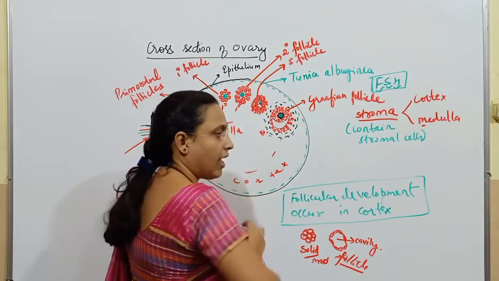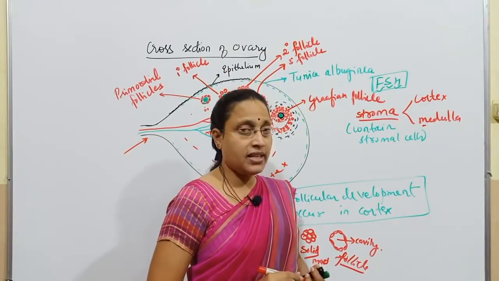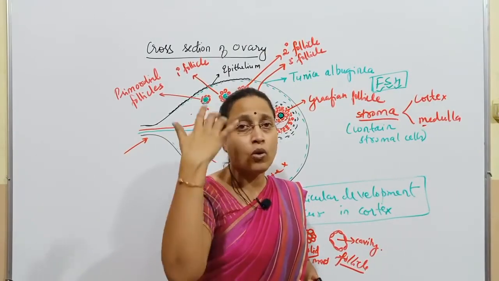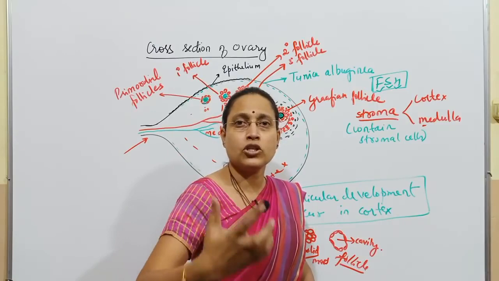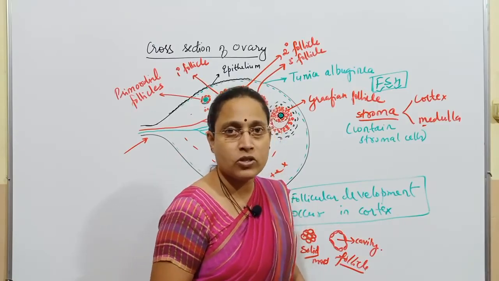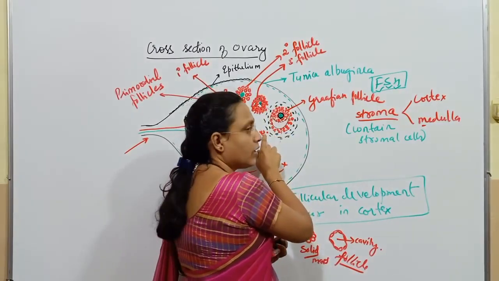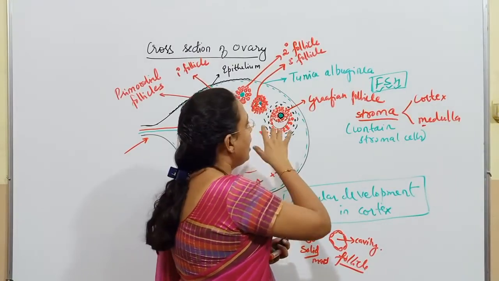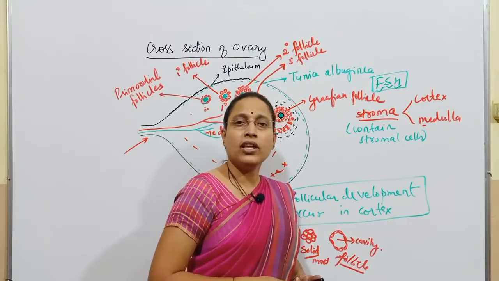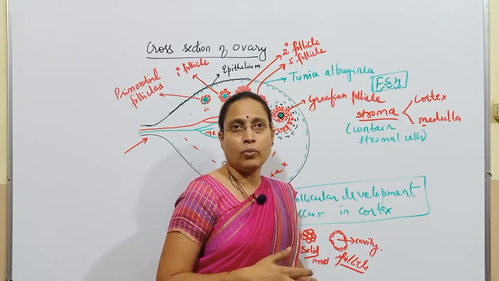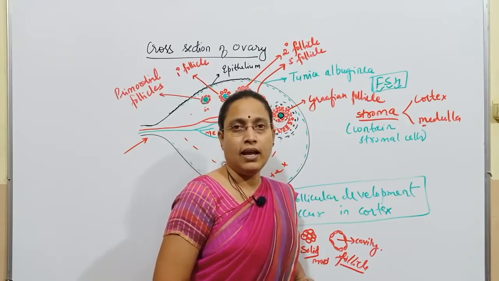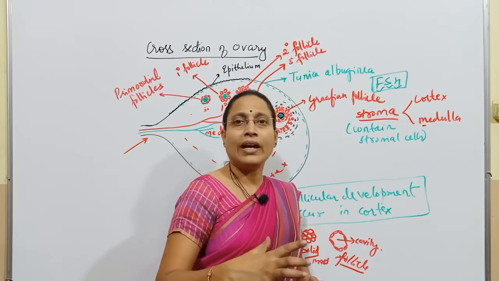So the Graafian follicle will have a secondary oocyte. It means the ovum is still not matured. Still the ovum is not formed, it is in an immature state, and that is called the secondary oocyte stage. Now what happens is, on the 14th day of the menstrual cycle, every woman experiences a menstrual cycle, and it has a total length of 28 days.